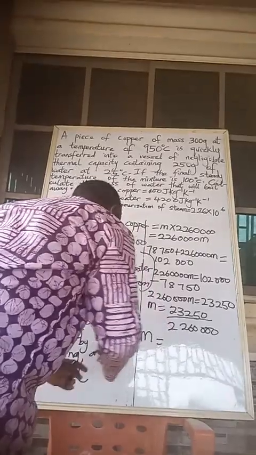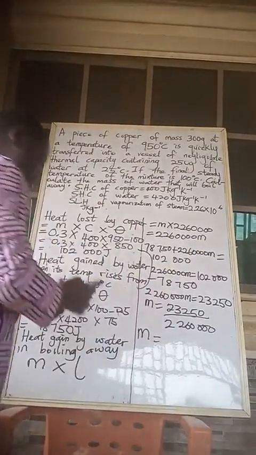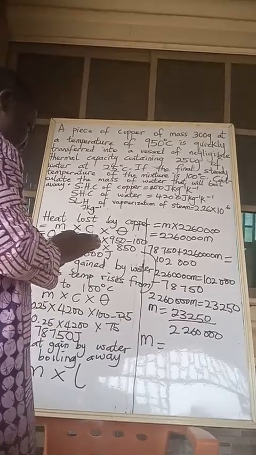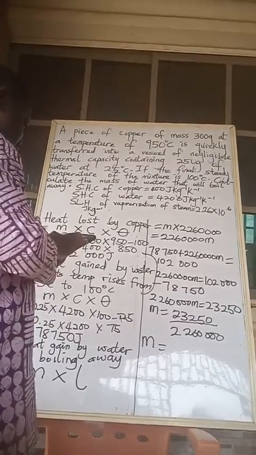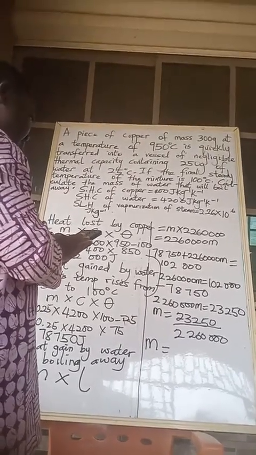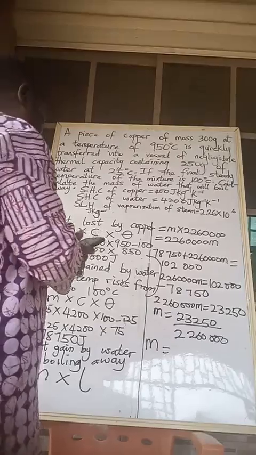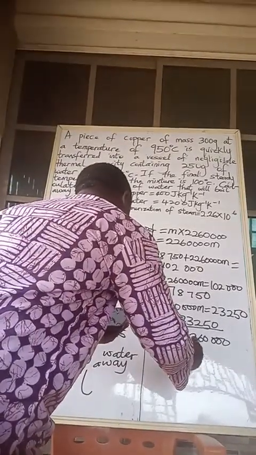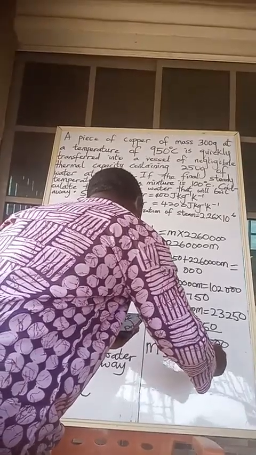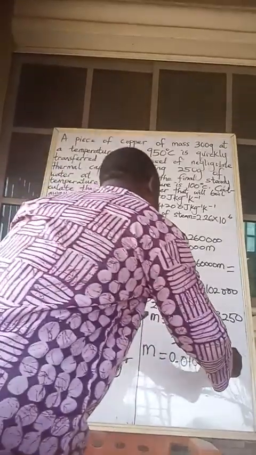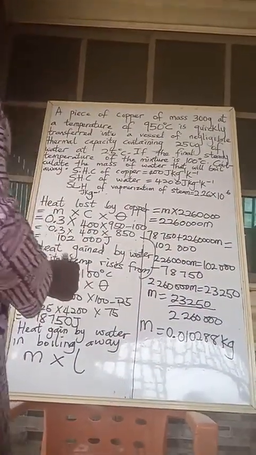So the mass of water that we boil away is, let's do the calculation, 23,250 divided by 2,260,000, and that is equal to 0.010288 kilograms approximately.